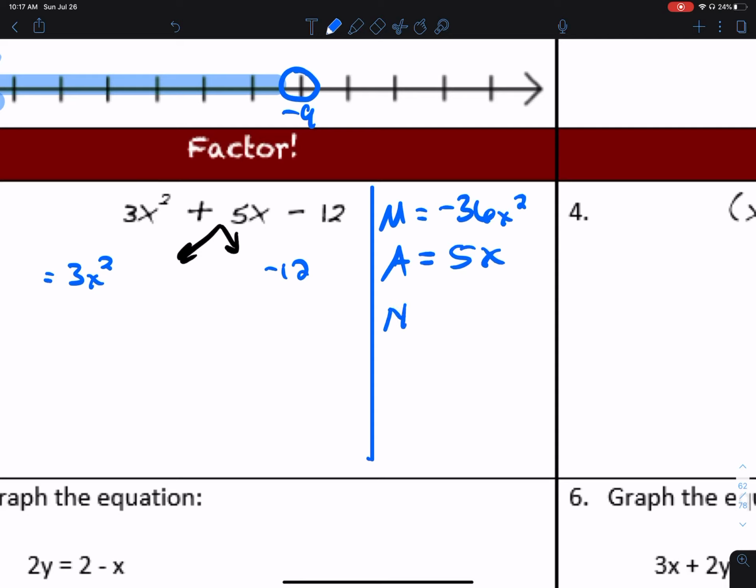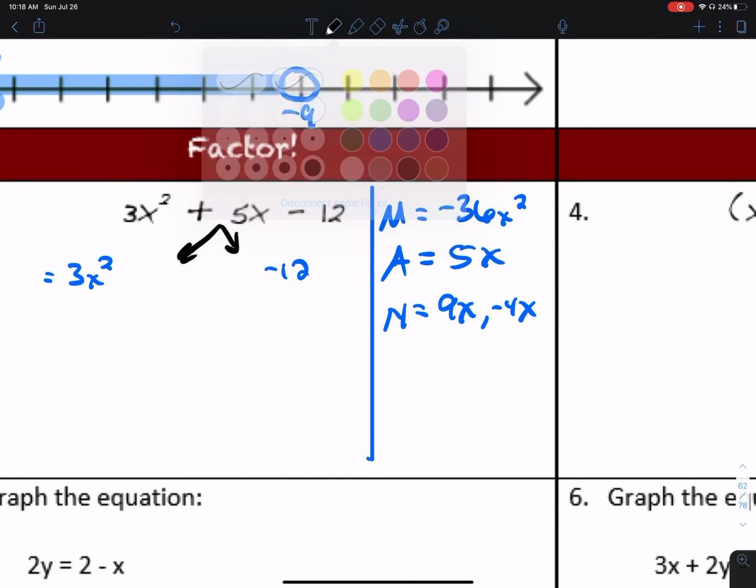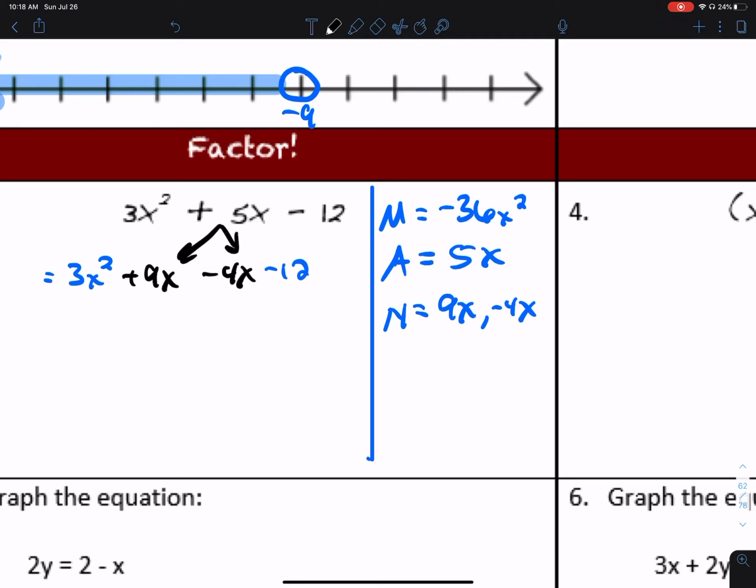How about the numbers 9x and -4x? Does that work? It does. So this middle term is going to get split, doesn't matter the order that you write this in, as a positive 9x and a -4x.